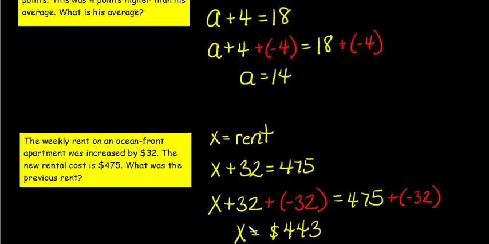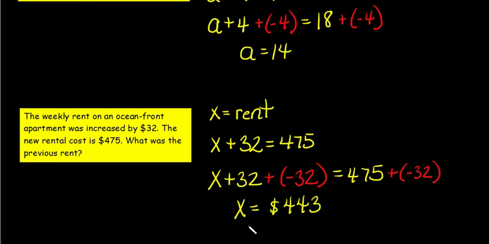Another example: the weekly rent on an oceanfront apartment was increased by $32. The new rental cost is $475. What was the previous rent? So this is the rent that we don't know, x, but we know it was increased by $32 and now it's $475. If I write this equation, I need to get my variable by itself.